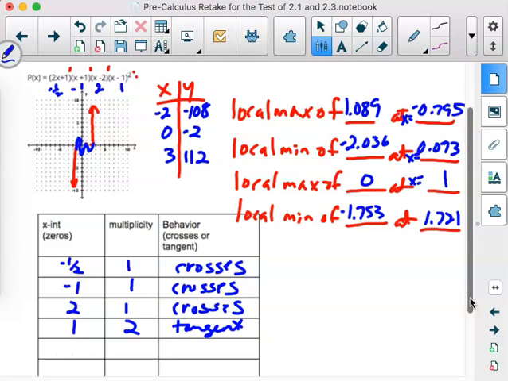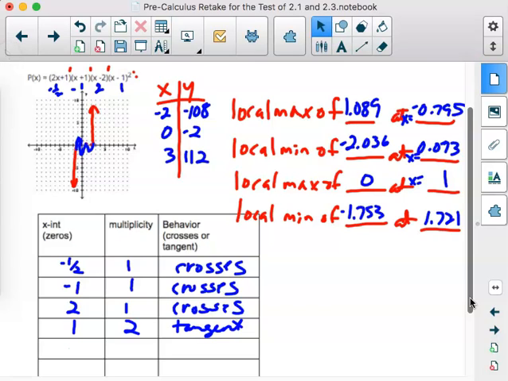This is hard to do with this big thick marker here, but those would have given us our local maxes and our local mins. So now we've graphed it and we identified its extrema, that's the local maxes and local mins, and the x-intercepts, stated the multiplicity of each, told whether it was crossing or tangent, and on my graph and in my table I have that y-intercept.